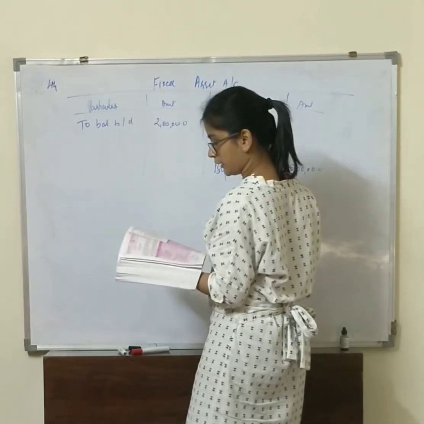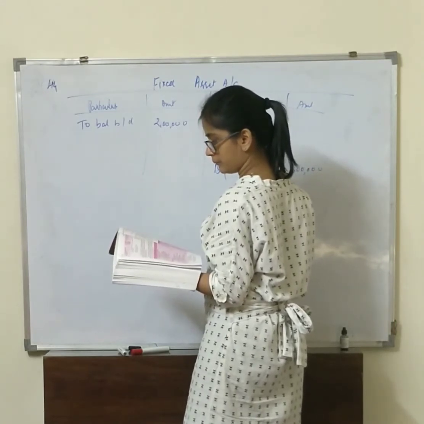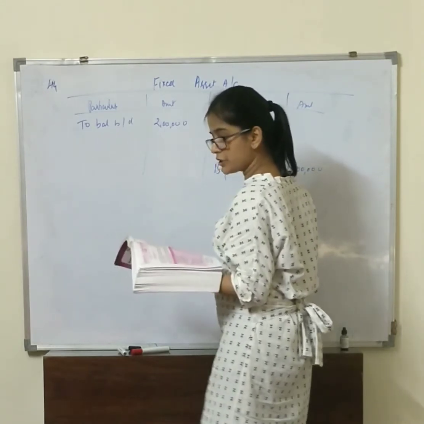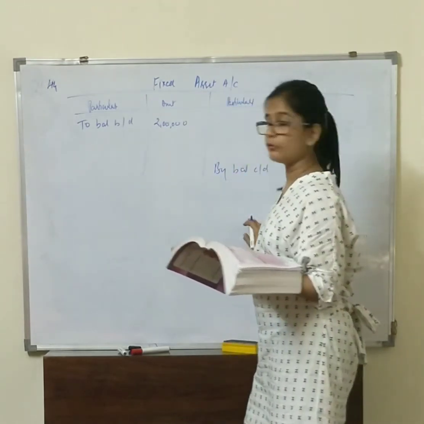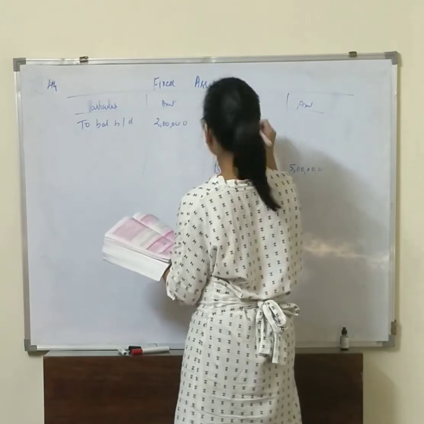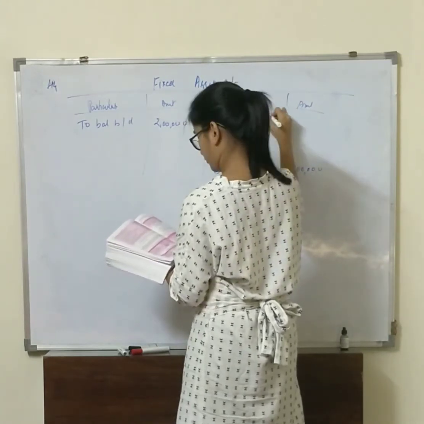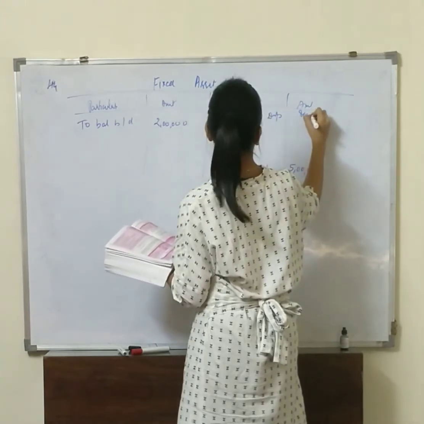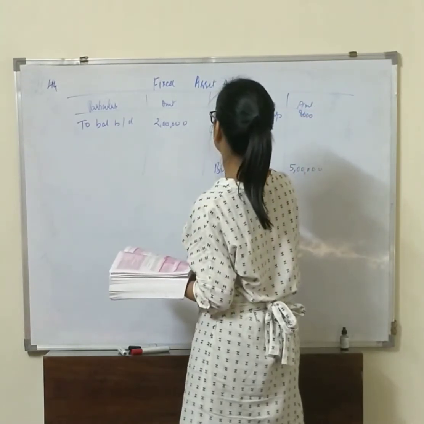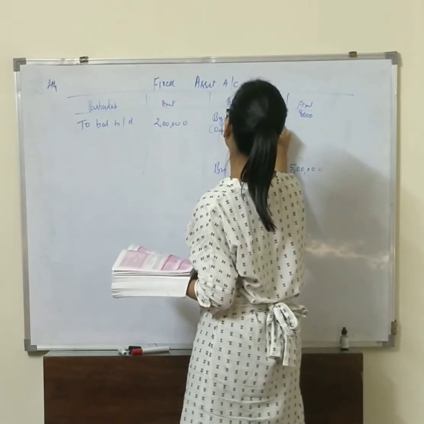In the adjustment, what they have given? Tangible fixed asset costing 20,000, accumulated depreciation 8,000, was sold for 17,000. So we will have by accumulated depreciation. How much is it? 8,000. In bracket you can write depreciation on sale of asset.